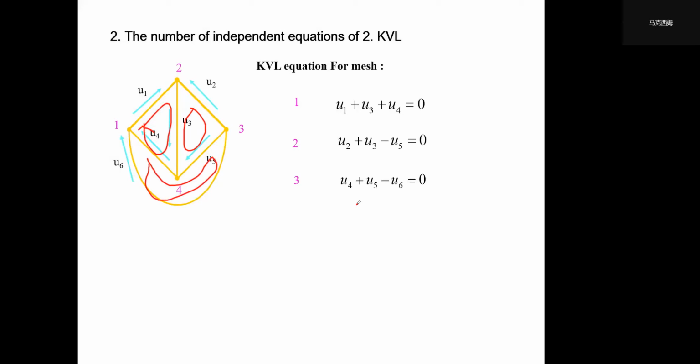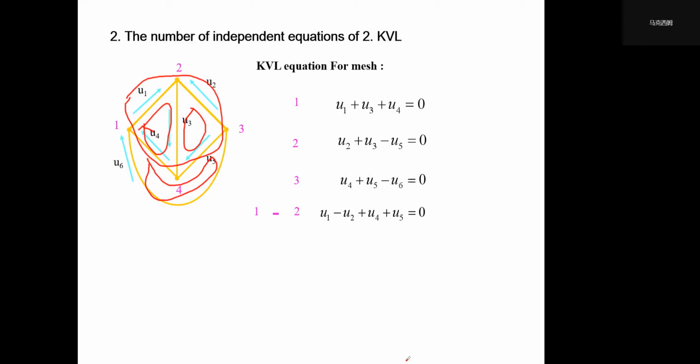And we put these 3 together. We use equation 1 minus equation 2, then we could get U1, 2, 4, 5. U1, 2, 4, 5 is this one, right?